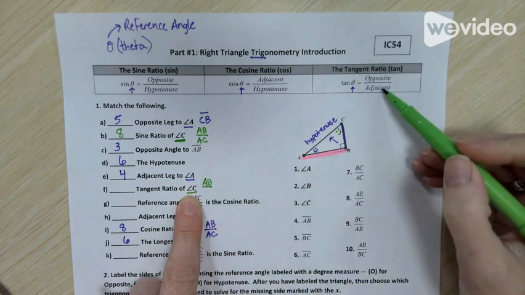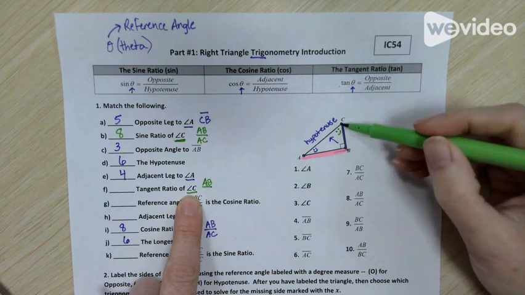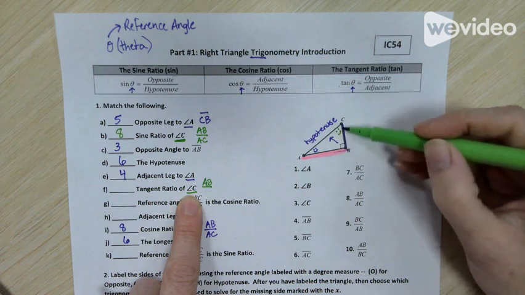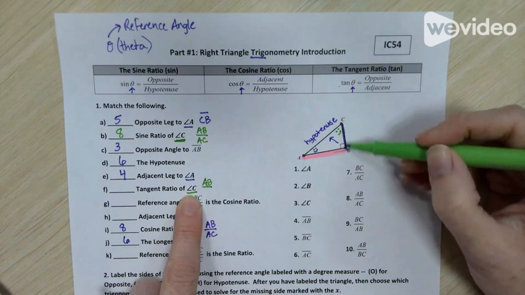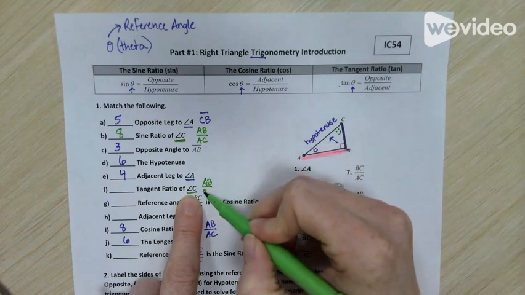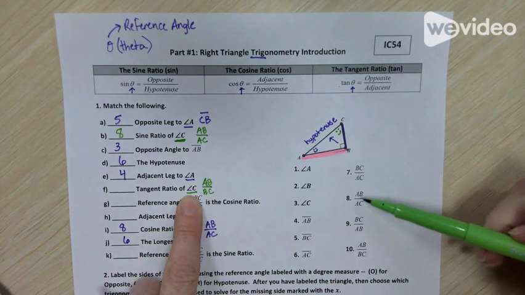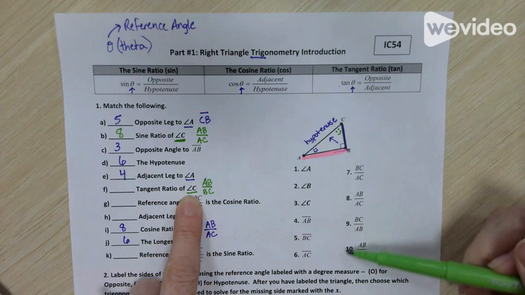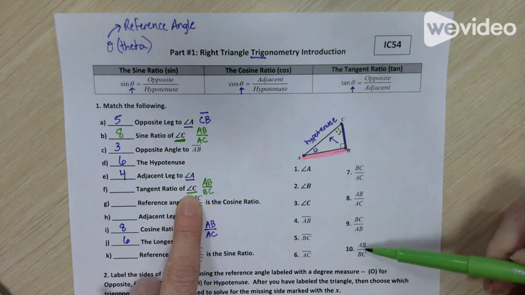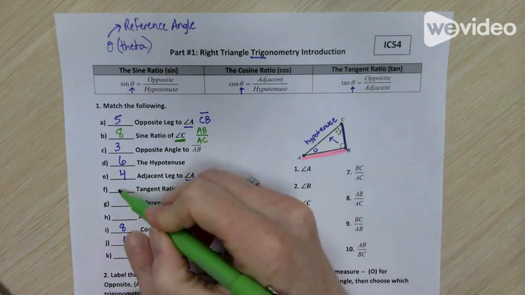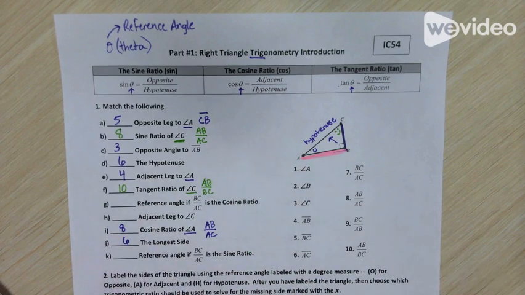But this time we want the adjacent side, so the side right next to angle C that's not the hypotenuse. In other words, this one right here, BC or CB, to be the denominator. I think that's going to match best with option number 10 down here. AB over BC is the tangent ratio for angle C.